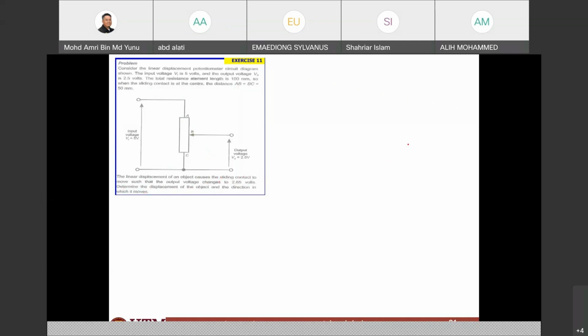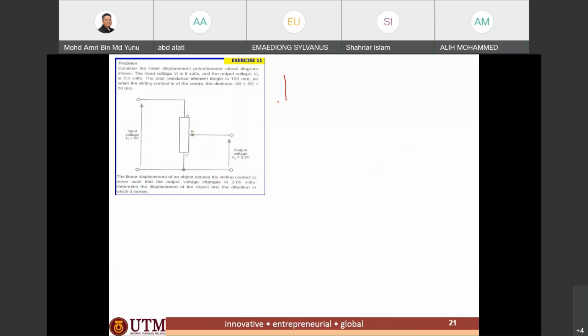So it has given A, B, C, 5 volt. And the total equivalent displacement is 100 mm.